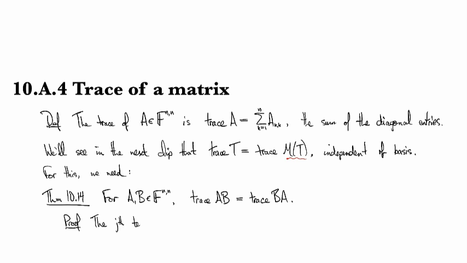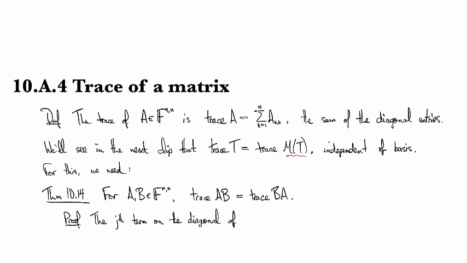So the jth diagonal entry of AB. If we go back to what the matrix product formulation is, we're going to do a_jk times b_kj and sum that k equals 1 to n, and that'll be the one that's in the jth row and jth column of the product of A and B. Okay.